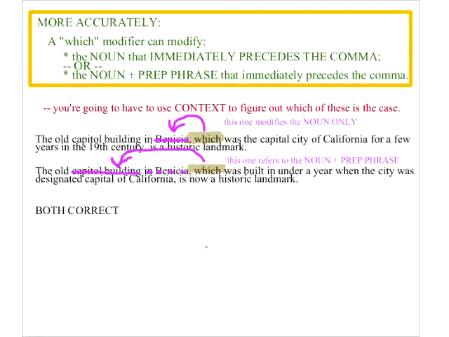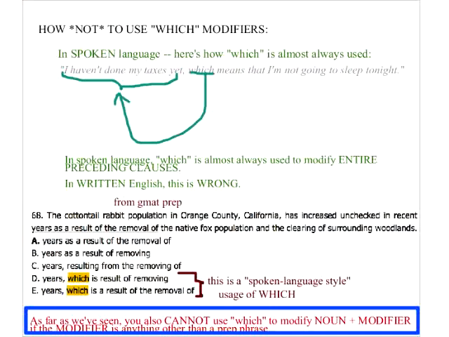So right now you've got two possibilities for "which": noun only and noun plus prep phrase. We have not seen evidence of other types of modifiers being okay here attached to the noun. It's definitely wrong to use "which" to modify a clause. There's 100% certainty that this is incorrect in written language.